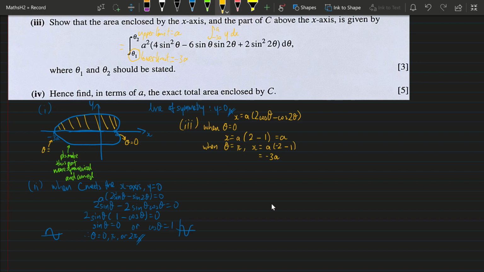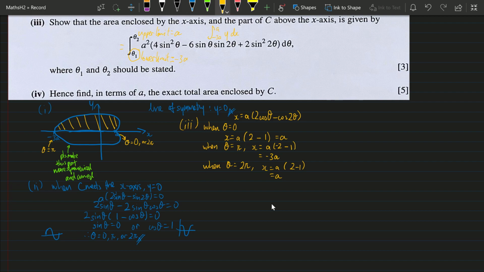Just the final special point, theta equals 2 pi. You could have skipped this, but we're doing it for completeness. Again, you sub this in correctly: 2 cos 2 pi minus cos 4 pi would give us 2 subtract 1 equals a. Fine.